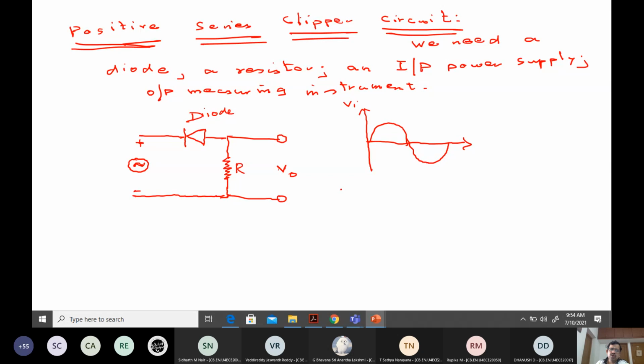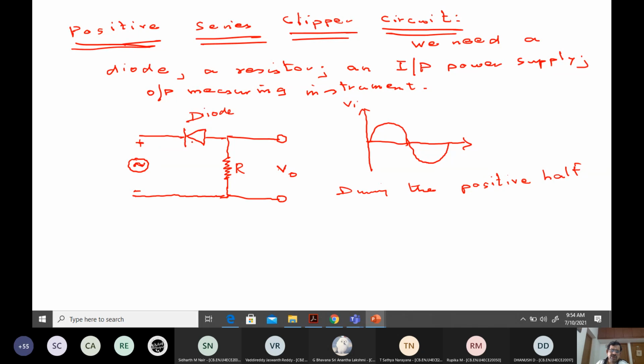During the positive half cycle, you see this is my N terminal, this is my P terminal, or this is cathode, this is anode, which means the cathode is connected to the positive during the positive half cycle, which means this diode will be under reverse bias.